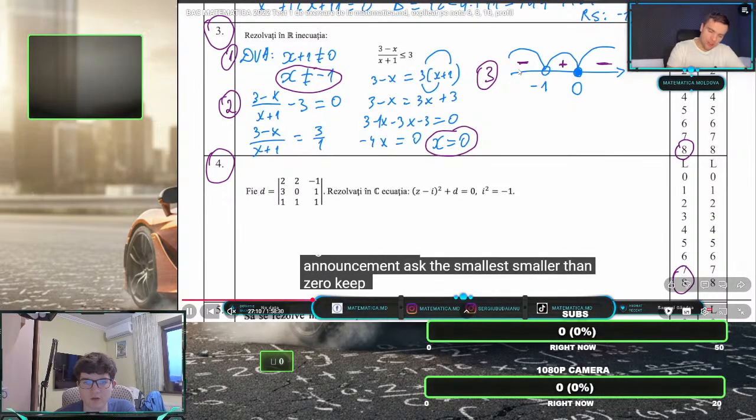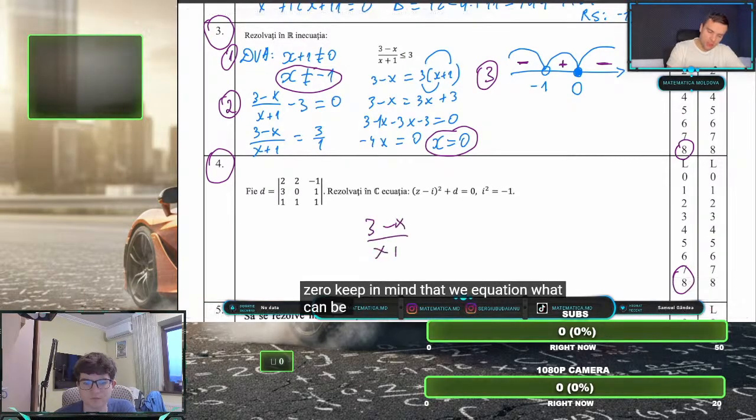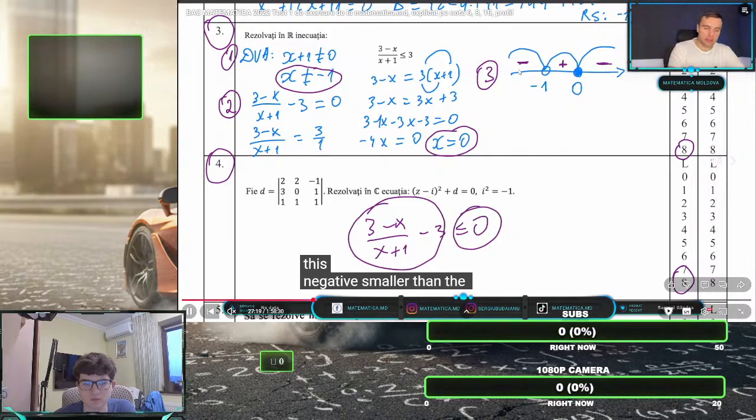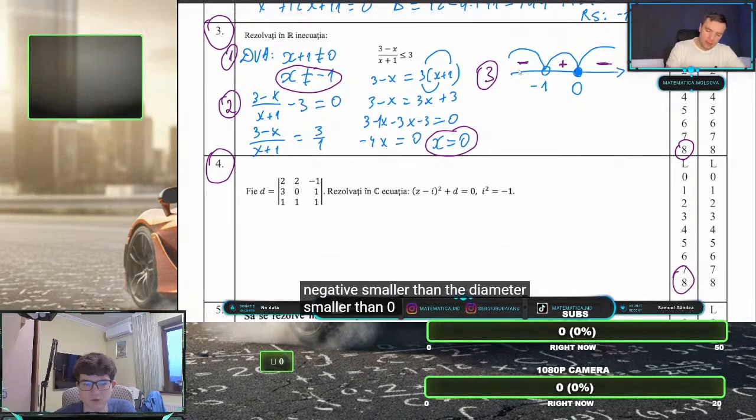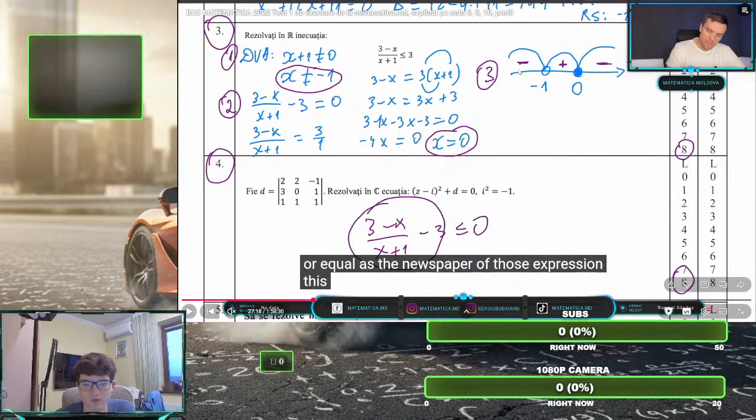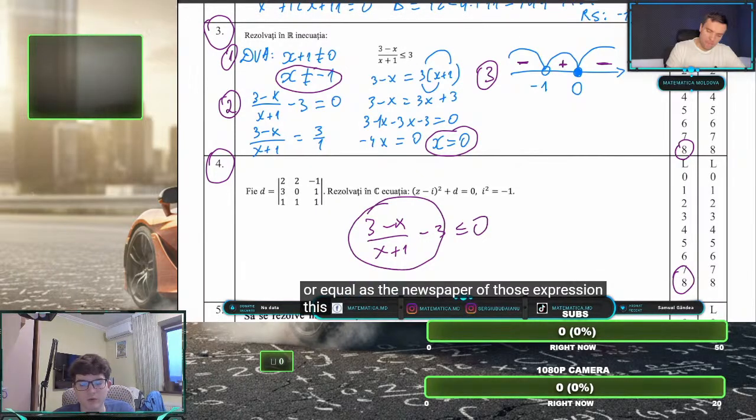So we're moving on here. It shows that if we put the 3 to the left, it's going to be smaller or equal to 0.